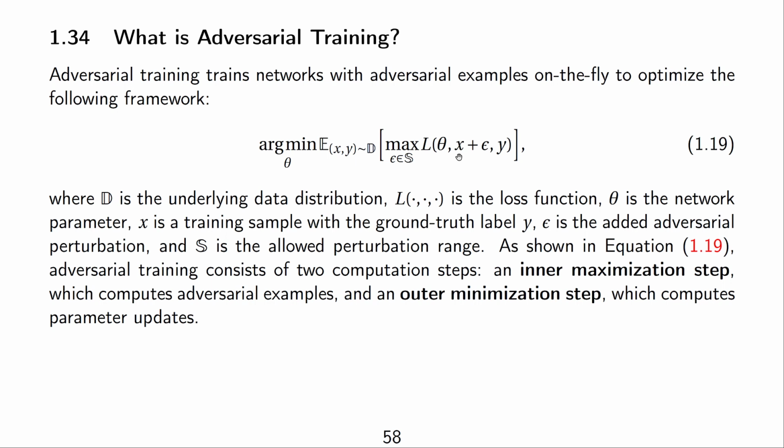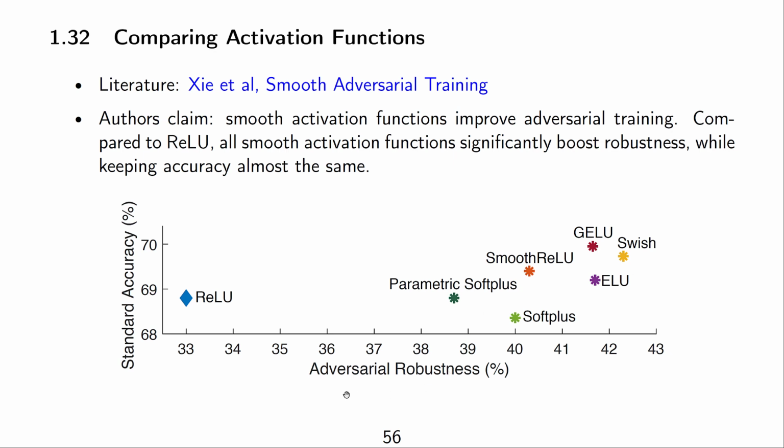And this type of learning can help to make the network more robust to adversarial examples. The graph here, this adversarial robustness, is a way to quantify how robust a network is to these adversarial examples. All right, with that, I would like to conclude the lecture on activation functions.